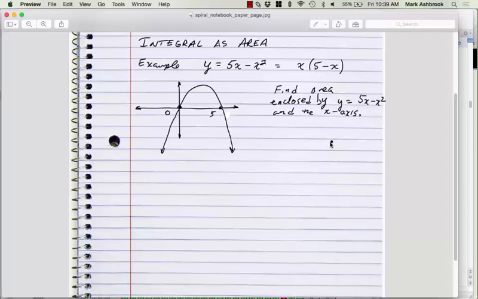It's from 0 to 5. That's implied. It's the only part enclosed between the graph and the axis. Right, so it's going to be this part here.